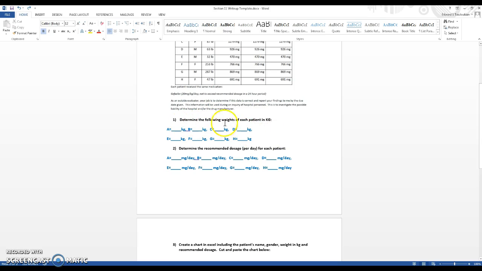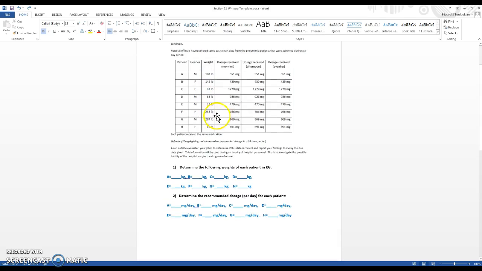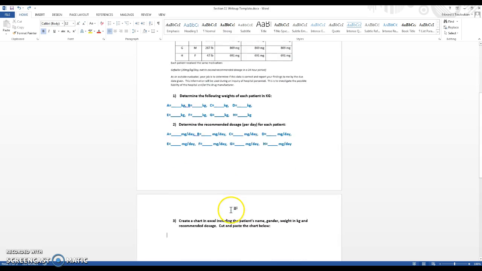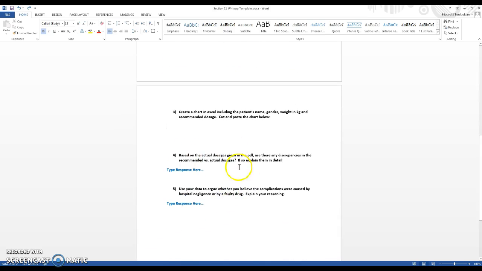We first need to figure out the weight of each patient in kilograms, because right now it's given in pounds, and that's not going to do us a whole lot of good. Once you know the weight in kilograms, you can use that to determine the recommended dosage. Then you can discuss whether there are any discrepancies between what they should have gotten versus what they actually got.